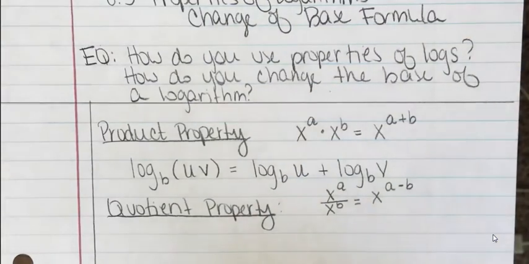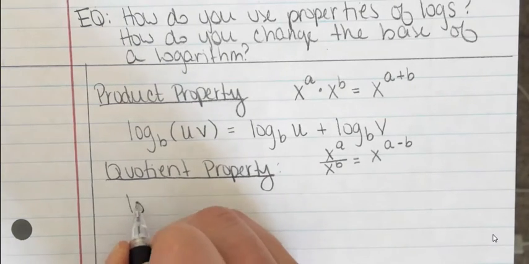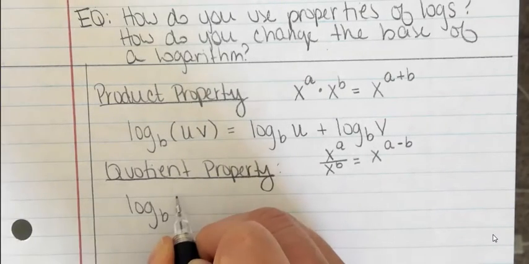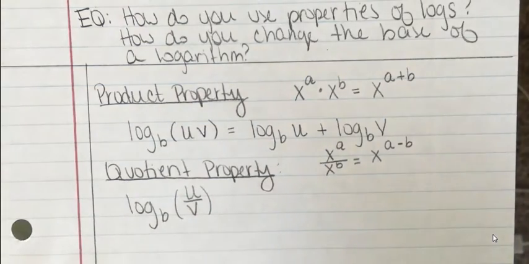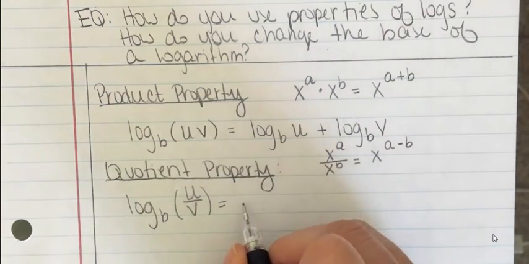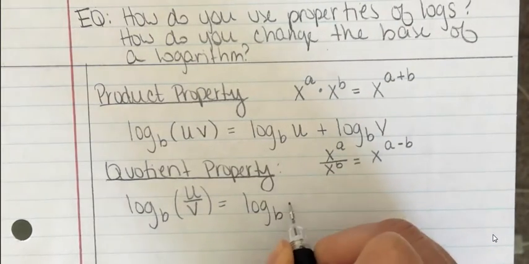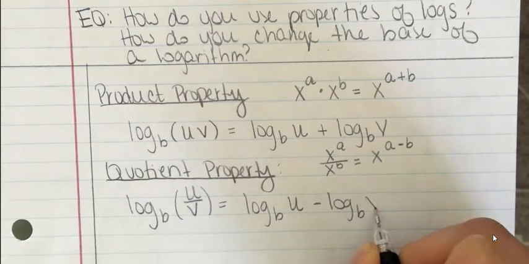So the same thing is going to happen with logarithms. If you have the logarithm of a quotient, so log base b of u over v, or u divided by v, now we can break this up into two logs and subtract them. So this is going to be log base b of u minus log base b of v.